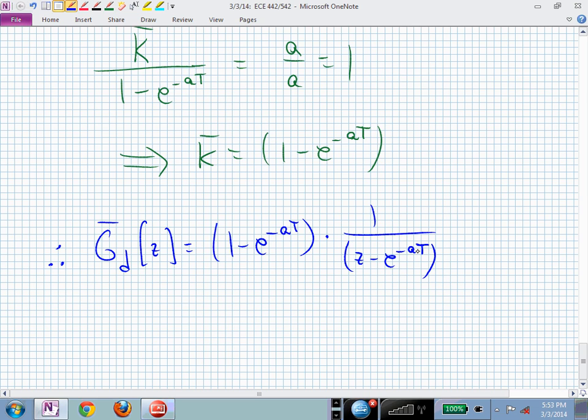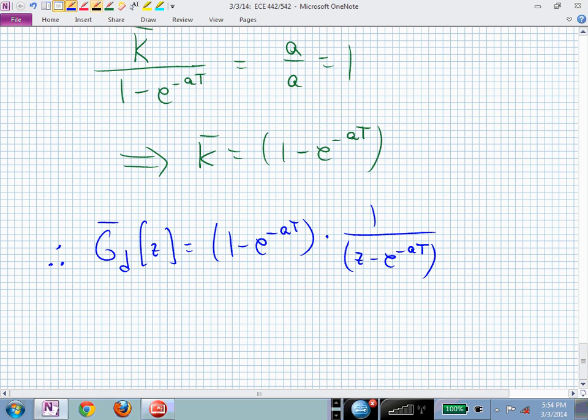writing it maybe in this expanded form so that it's clear that we have one fewer z plus 1 factors, and our gain now is a little different than what it was before. This is now our g sub d of z.